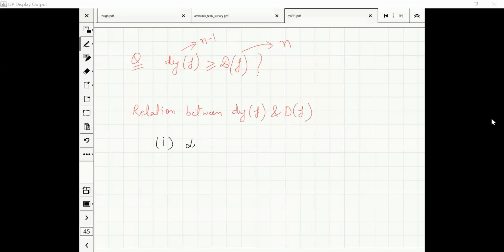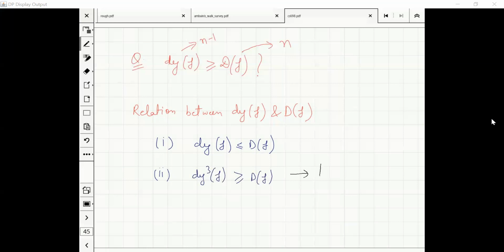We know degree of f is less than d of f. This we know. We want to ask the other way. The best we know the other way is that degree cube of f is more than d of f. This proof will be done later in the course.